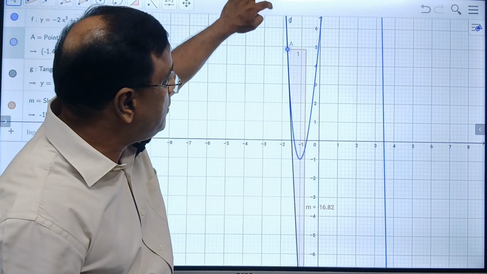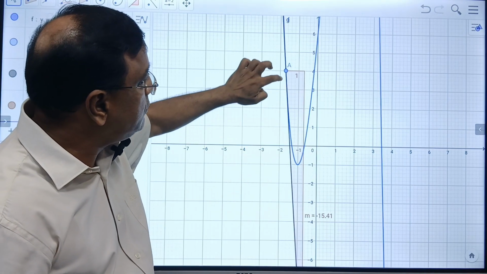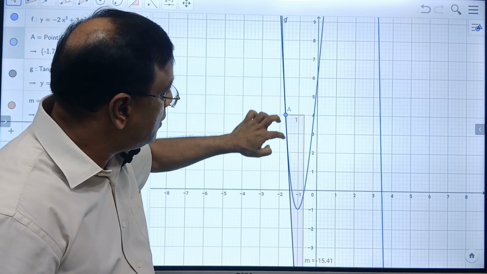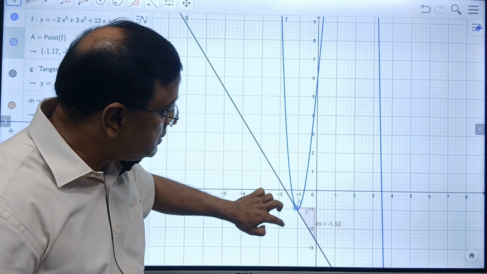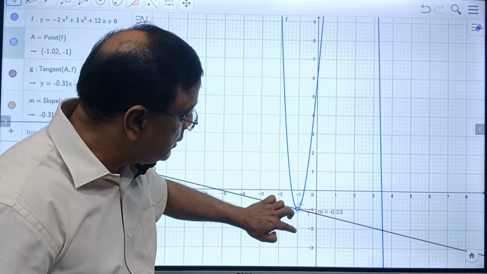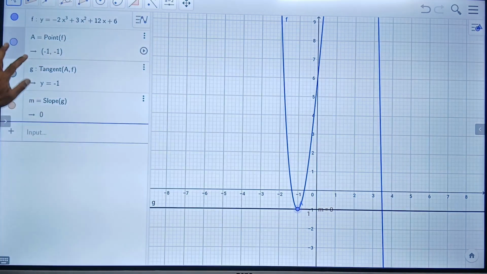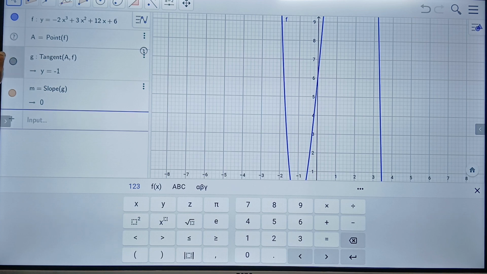See, I am coming from minus infinity. From minus infinity onwards, when I keep moving, my dy by dx is negative. When I reach this particular point, you see the tangent takes a turn and dy by dx is 0. Where is dy by dx 0? At x is equal to minus 1. This is what you also got, right?